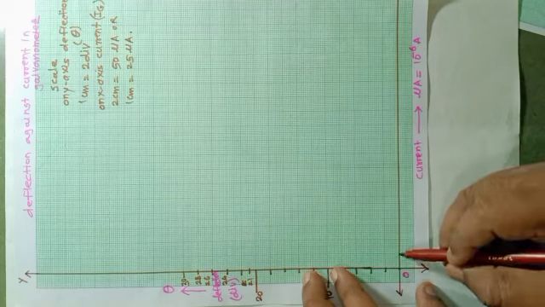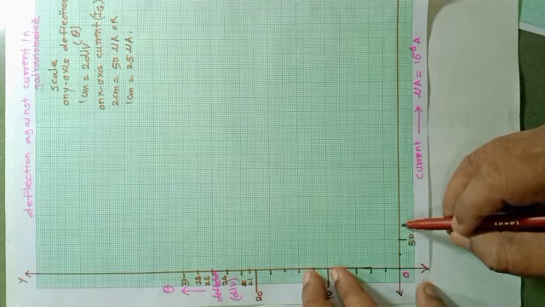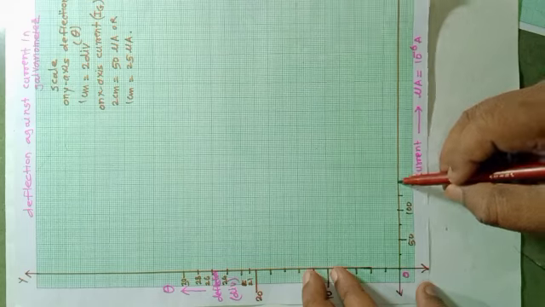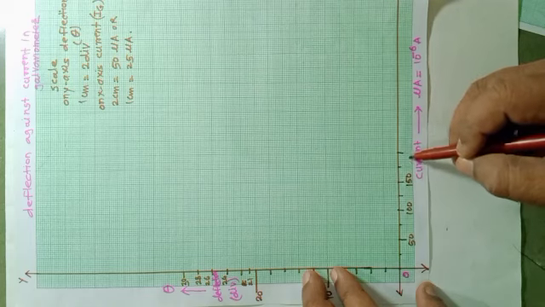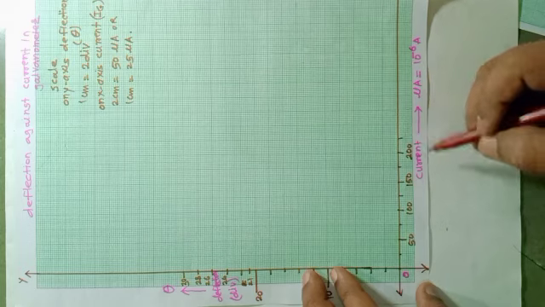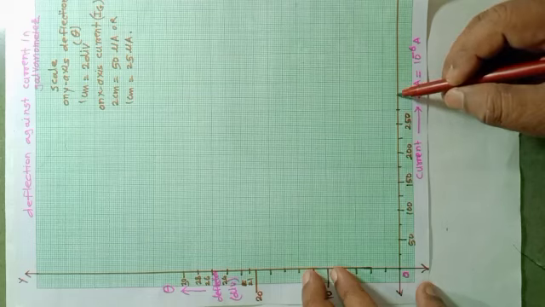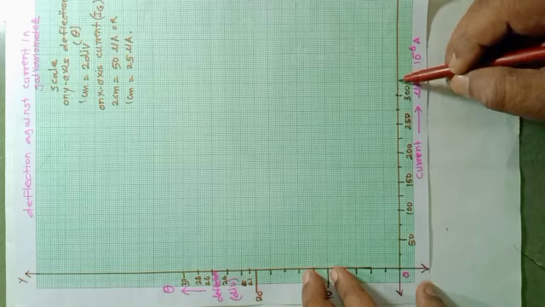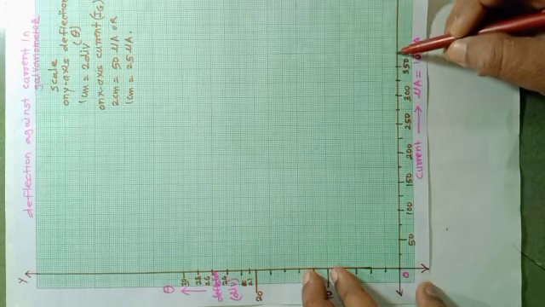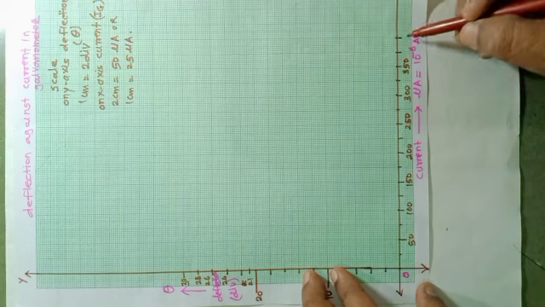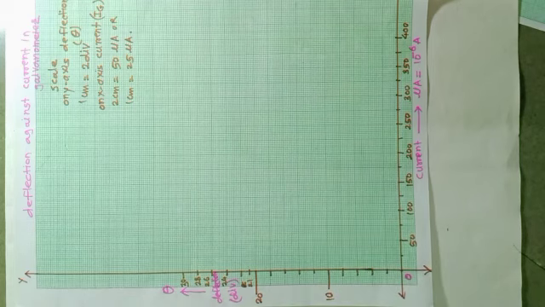See here 25, and here 50, 75, here 100, 125, again 150, next 175, again 200, next 225, 250, next 275, again 300, next 325, again 350, next 375, lastly 400 microampere. This is the representation of scale.